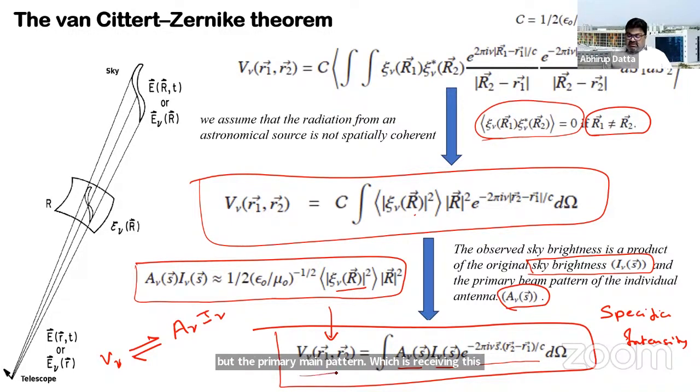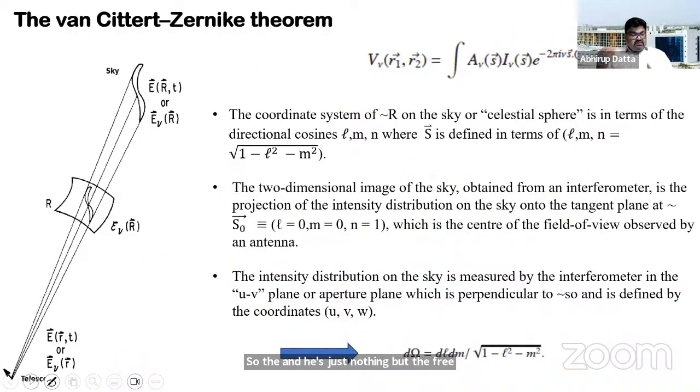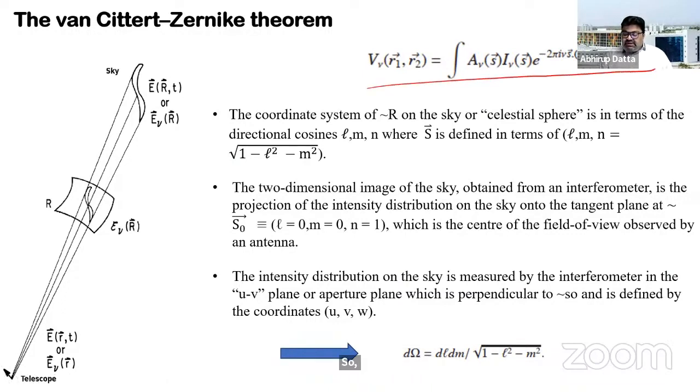So V nu is nothing but a Fourier transform of A nu and I nu. You can also look into the detailed lecture, which also records this one. So that's essentially what we do have.